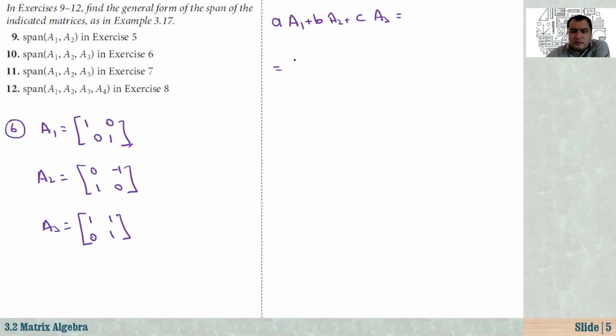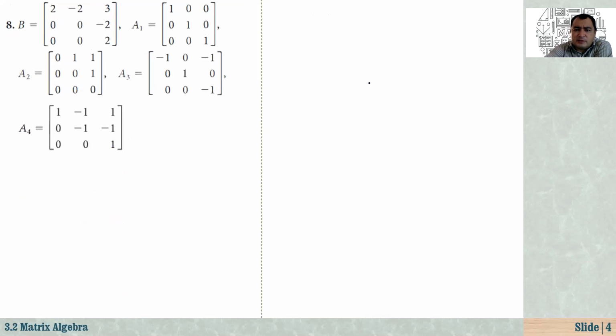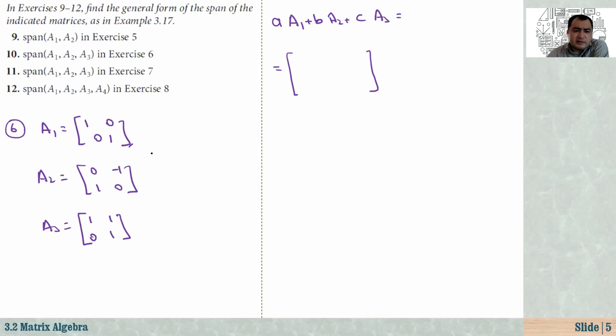We have already obtained this. The first component is x plus z, that is a plus 0 plus c, so here we have a plus c. The second component is 0 minus b plus c, so minus b plus c.